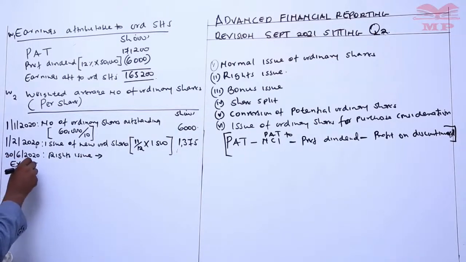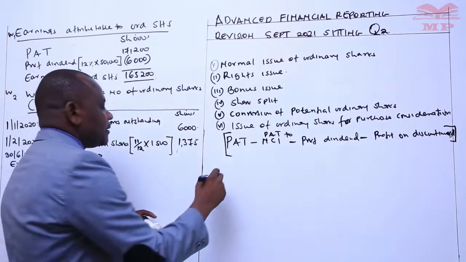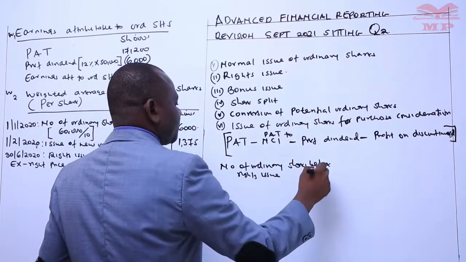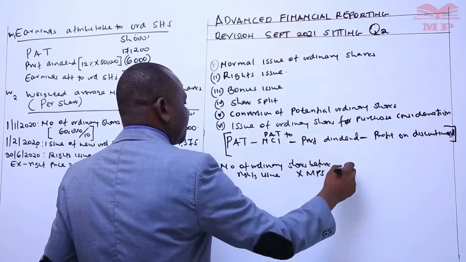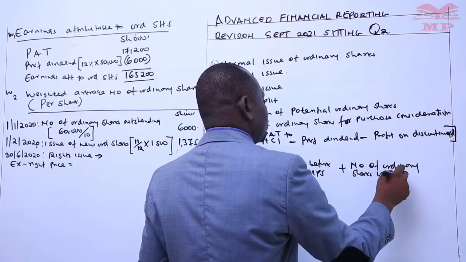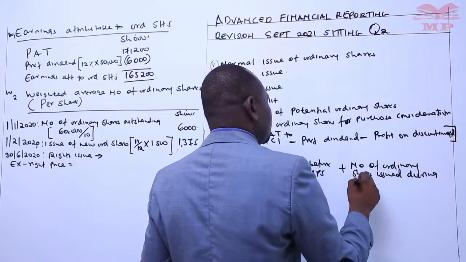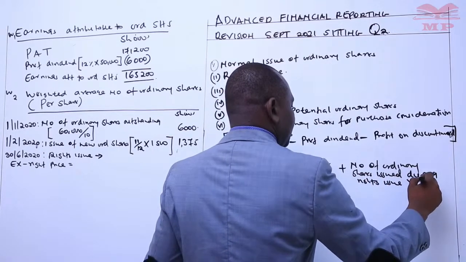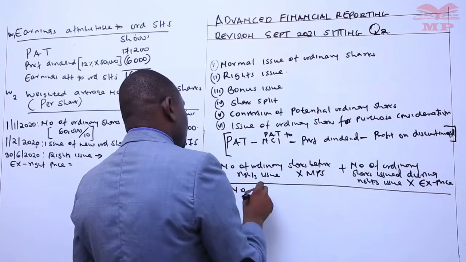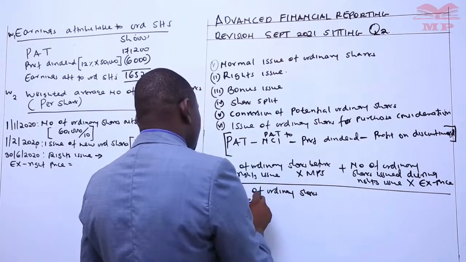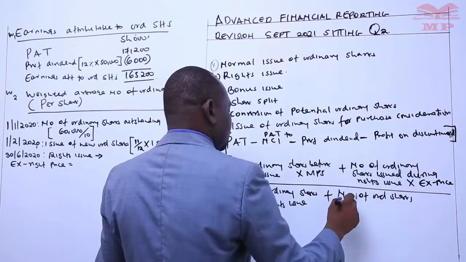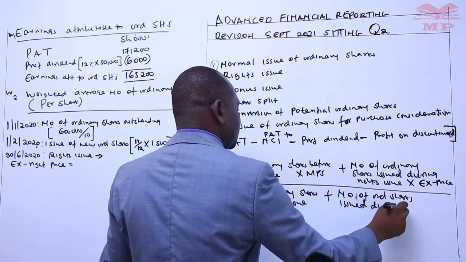The ex-right price is given by the formula: number of ordinary shares before rights issue times market price per share, plus number of ordinary shares issued during rights issue times exercise price, over number of ordinary shares before rights issue plus number of ordinary shares issued during rights issue.